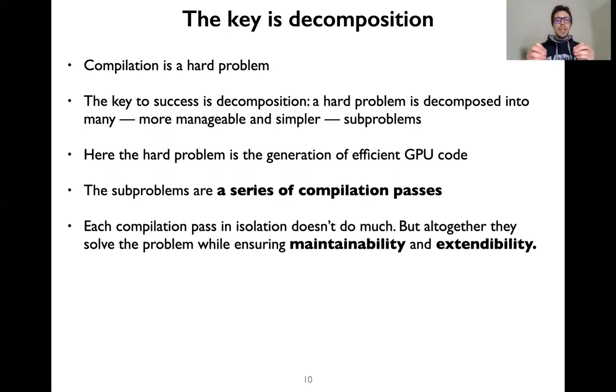We decompose it into a number of tasks, into a number of compilation passes. Each of these compilation passes in isolation doesn't do much, but all together they achieve the goal. And this is the key to maintainability and extendability.